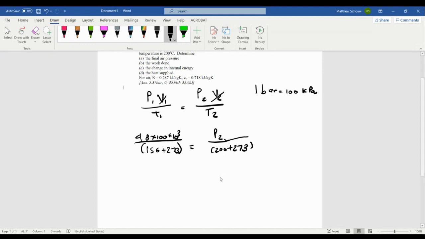Then I'll express this as P2. So P2 will be equal to 4.8 times 100 kilopascals divided by 150 plus 273, multiplied by 200 plus 273.